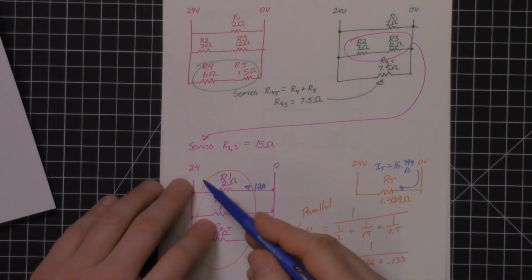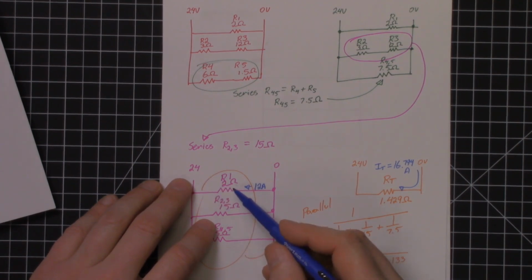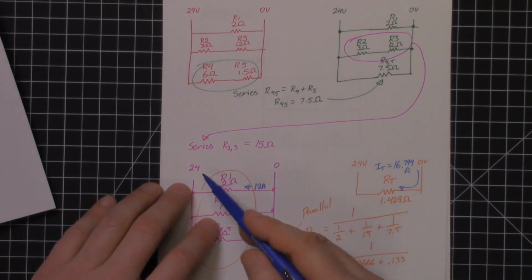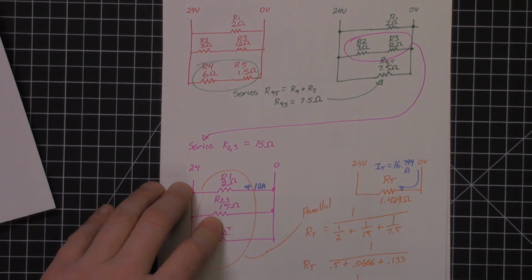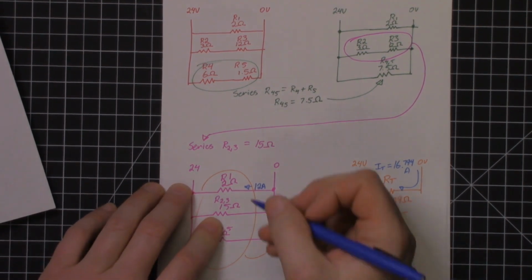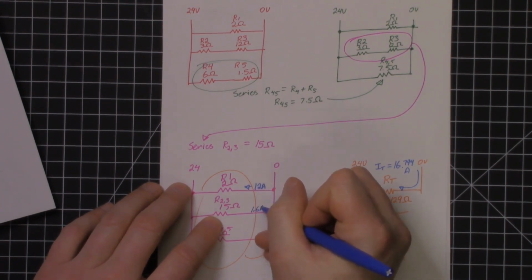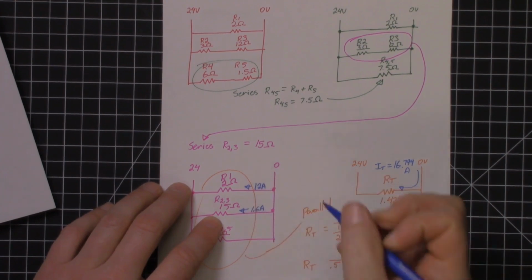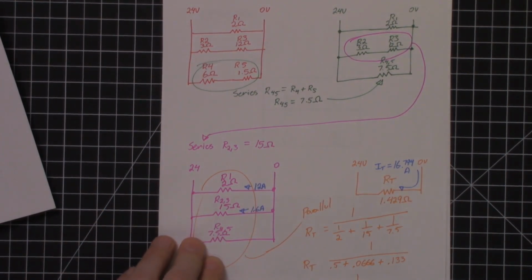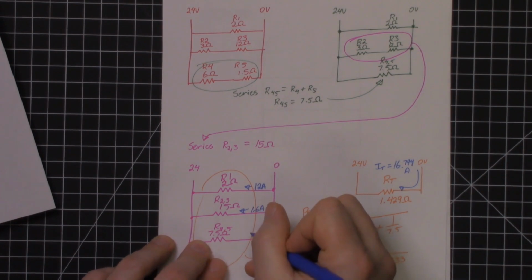Again, we're just using Ohm's law: 24 volts divided by 2 ohms. Then 24 volts divided by 15. Can't do that one in my head. 24 divided by 15, that's 1.6 amps in this branch. Then finally, 24 divided by 7.5 ohms, and that's 3.2 amps.